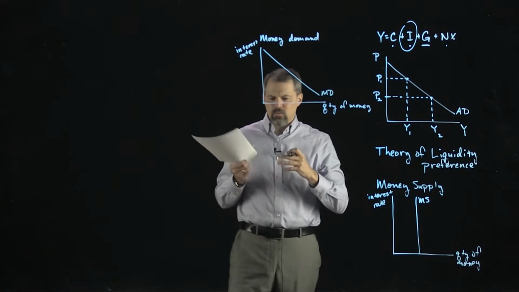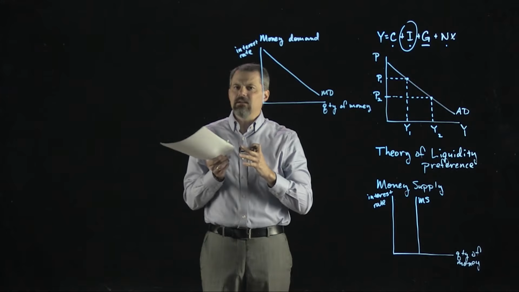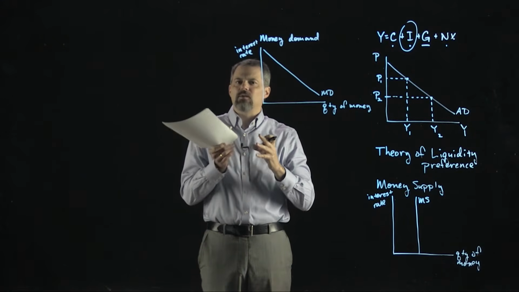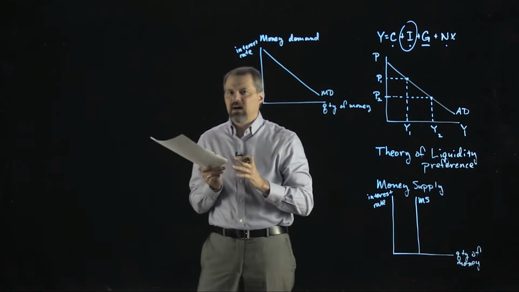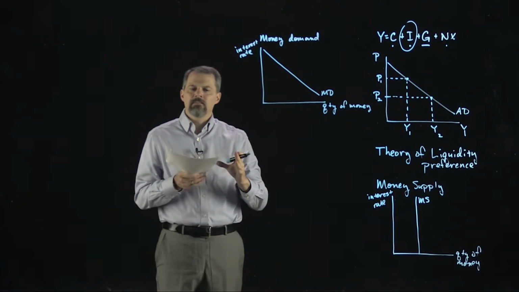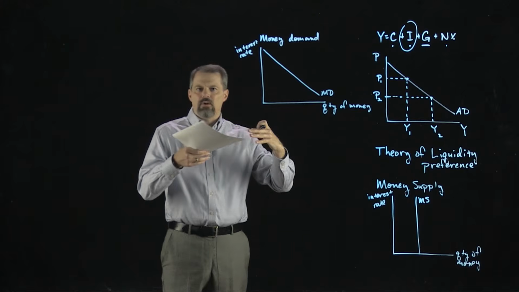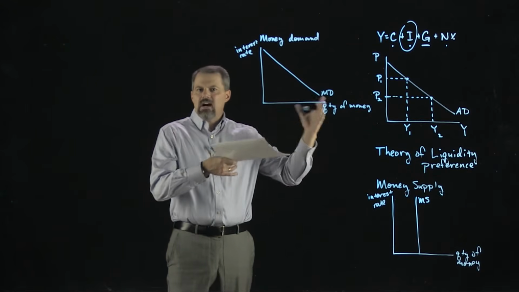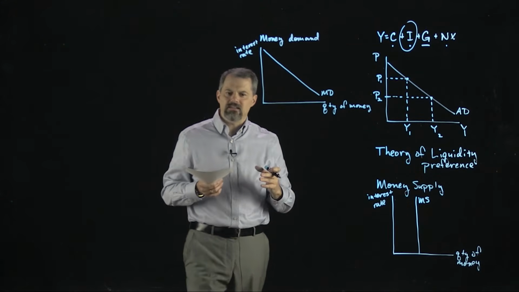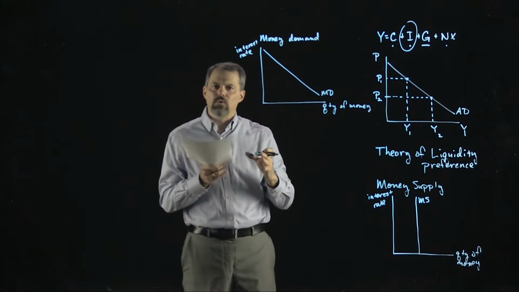So here what we're doing is thinking about your demand for liquidity. You hold money because it is liquid. If you're thinking about how to hold wealth as you save for your retirement later, what you're going to realize is there are lots of ways to hold wealth.